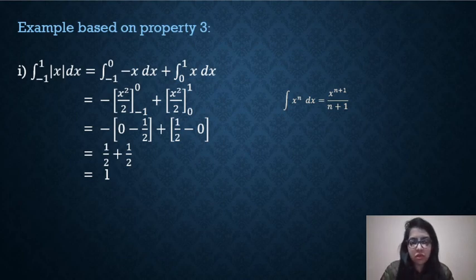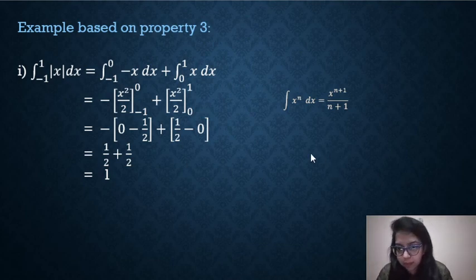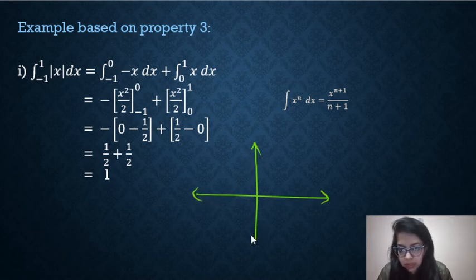Okay, so let's discuss the integration of minus 1 to 1 of mod of x dx. Firstly, how do we make a graph of mod of x? So we know that this is your graph. Okay, this is your Cartesian plane, and mod x is like this and like this.